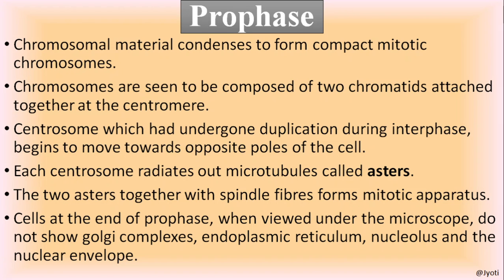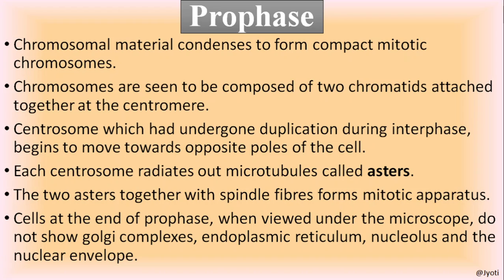Now let us discuss the four phases of karyokinesis and the key events taking place during these phases. The first phase of karyokinesis is prophase, during which the chromosomal material condenses. So in interphase, the chromosomal material, that is DNA and the histone protein, are present in network-like, fiber-like structures that are called chromatin fiber.